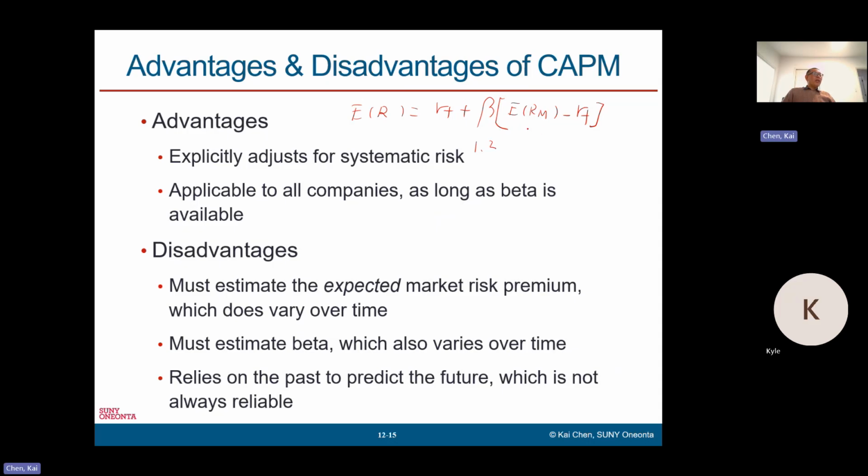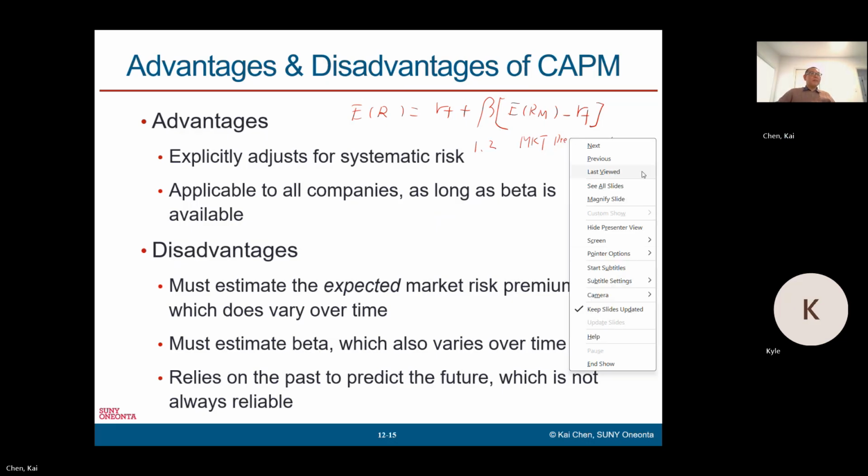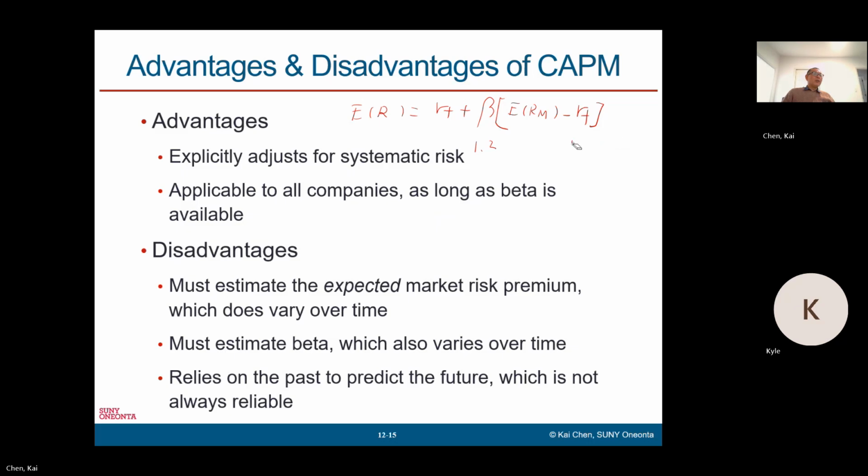If the market risk premium increases by 1%, what happens to the expected return of this asset?